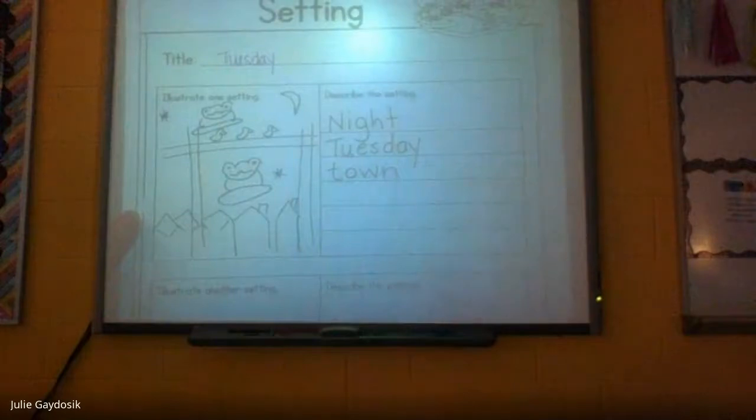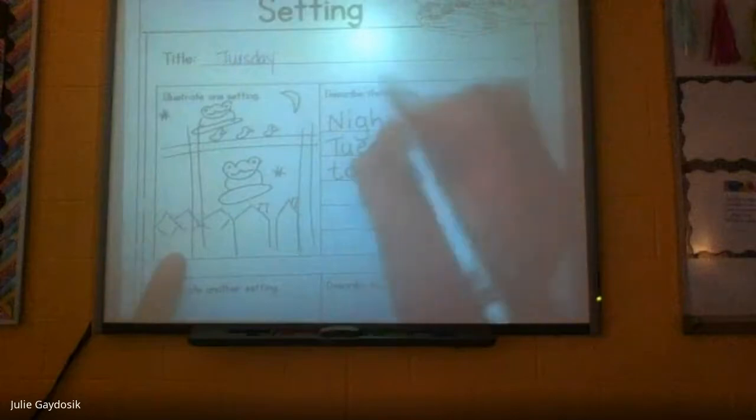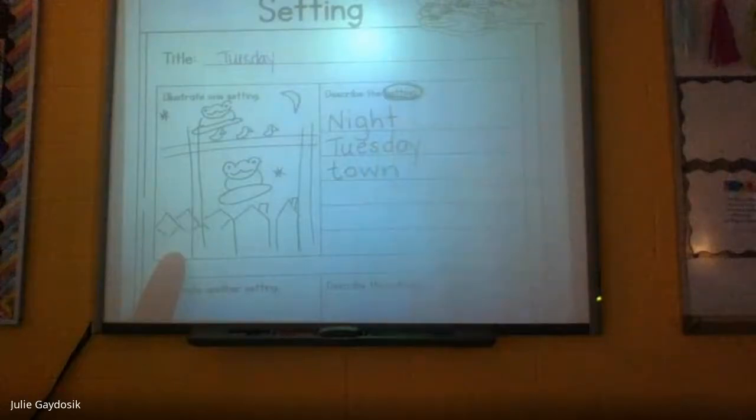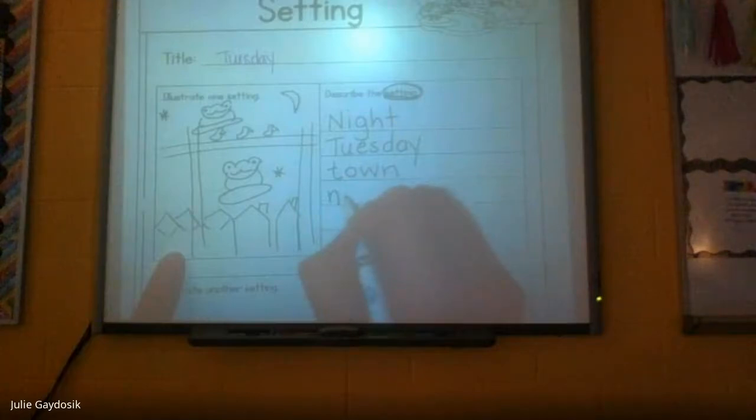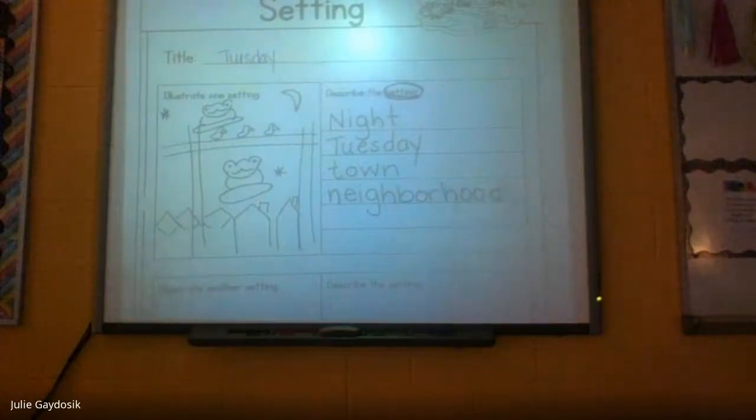It's over a town. Because remember, we're talking about the setting. So that's when and where the story takes place. So you could say a neighborhood too. So all of those you could use to talk about the setting.